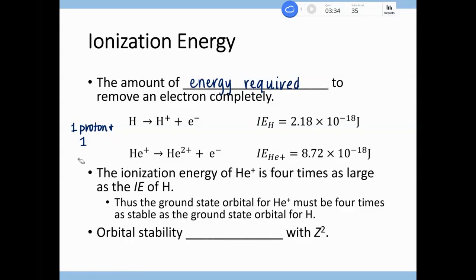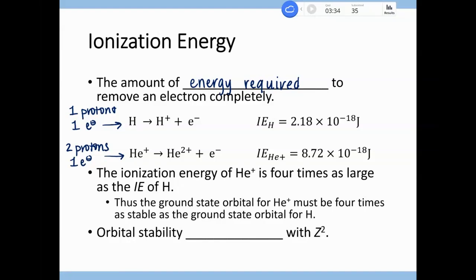Hydrogen has one proton and 1 electron. Helium has 2 protons. With a +1 charge, it also has 1 electron.